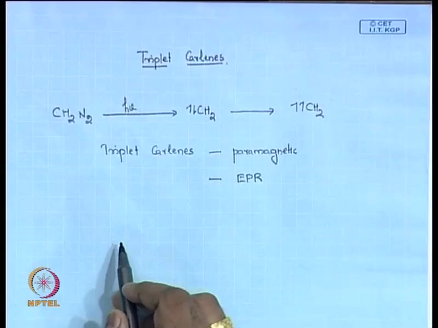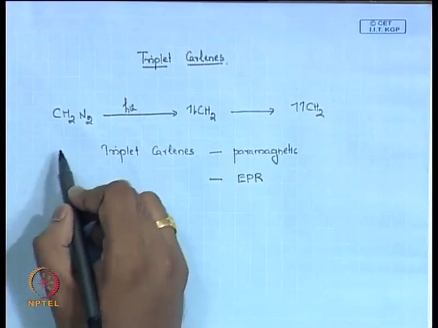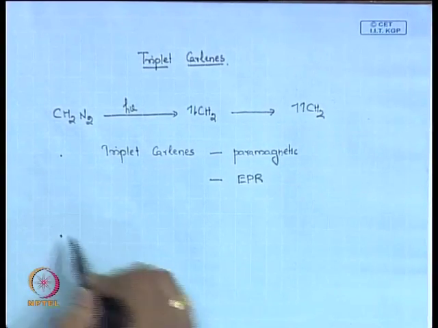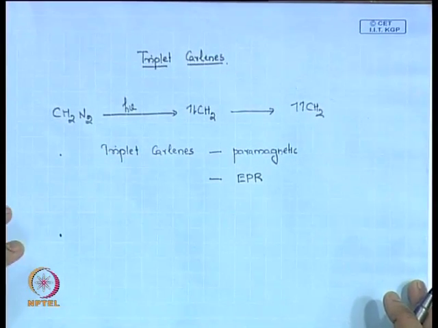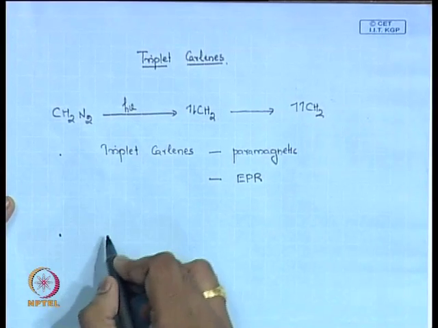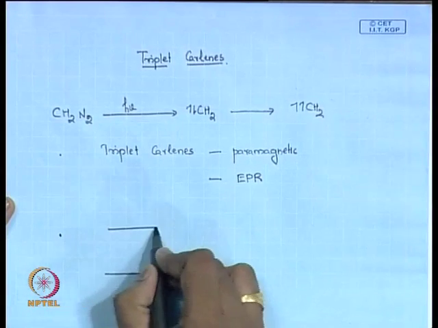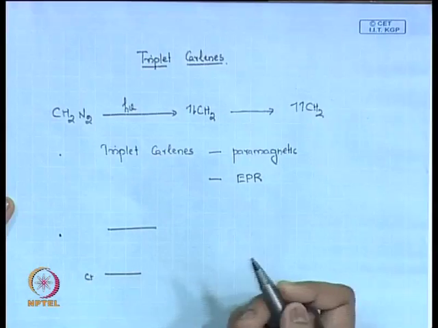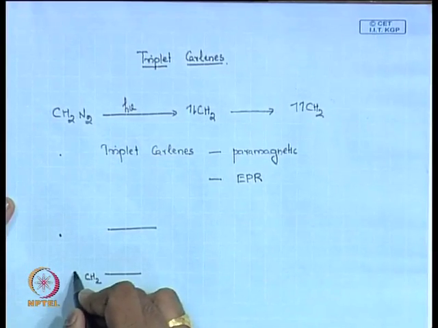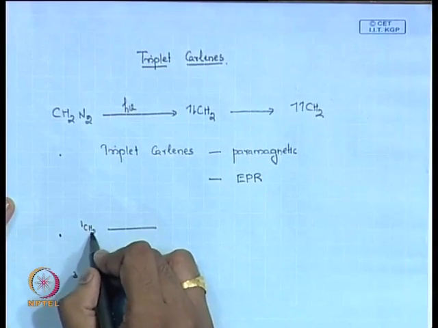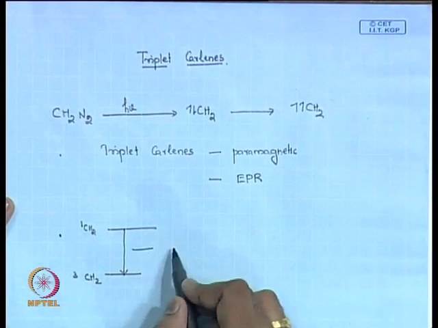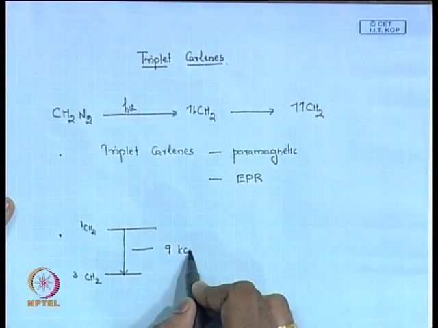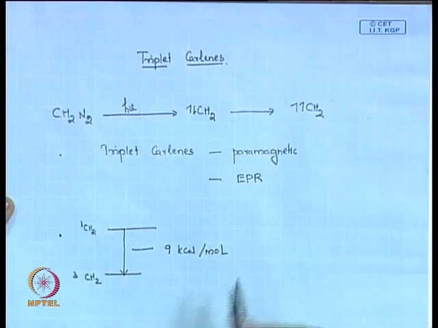So, that is the advantage this has. The second part is why the singlet carbene just undergoes intersystem crossing to the triplet carbene. Normally, the energy gap from singlet to triplet is very small, about 9 kilocalories per mole, that is all.